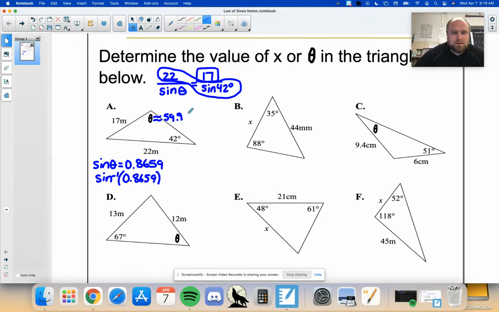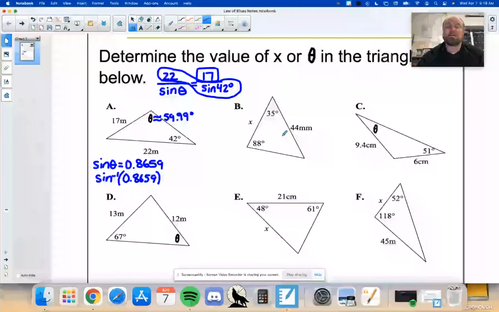Okay. So now that I have my angle theta, I am done with letter A. We're going to move on now to letter B. For letter B, the way that it is set up, we are looking for side length x. And side length x is across from this angle, which is an issue because if we don't know what angle it's across from, we can't use the law of sines.